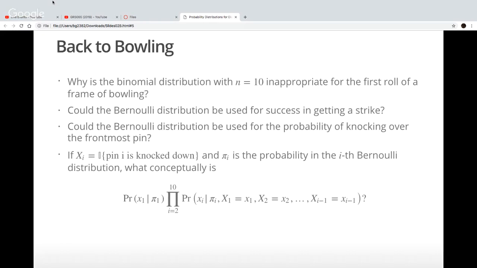And then if we take that and multiply it by the conditional probability that the fourth pin gets knocked down, given that the first 3 were or were not, so 8 possibilities there, then what do we have?